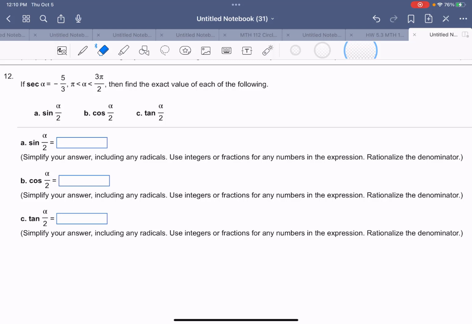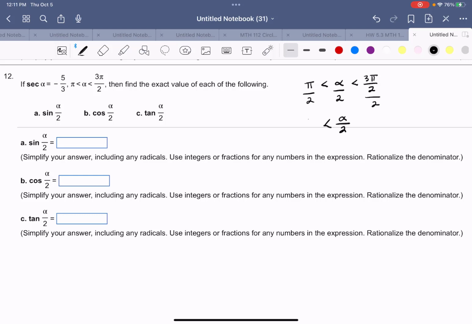Well, first, we need to figure out where alpha over 2 is. We know where alpha is. Let's see where alpha over 2 is. So if I've got alpha bigger than pi, but less than 3 pi over 2, I can divide each part of this inequality by 2 to figure out where alpha over 2 is.